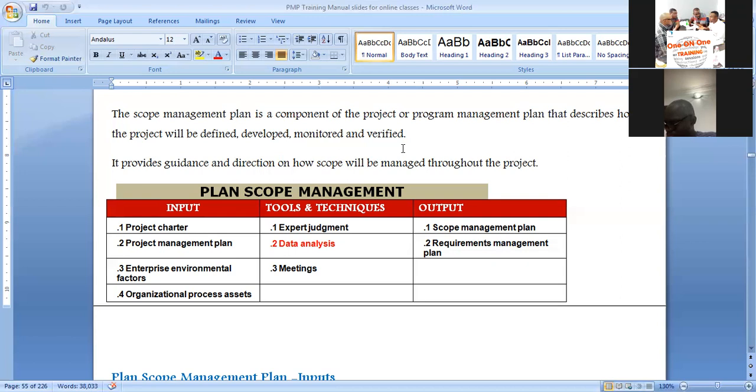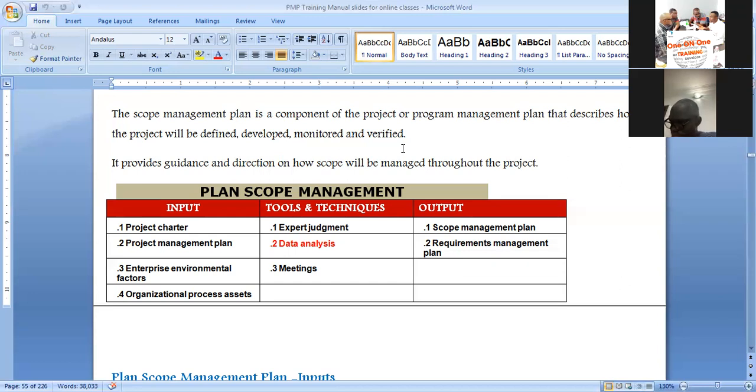Not everything should just go. We must organize ourselves on what to do and when to do it on our project. So we need the project charter and the project management plan as our initial input, the 2 documents that are required of us, because we can't plan the scope of what the client wants us to do that is being given to us in the project charter.